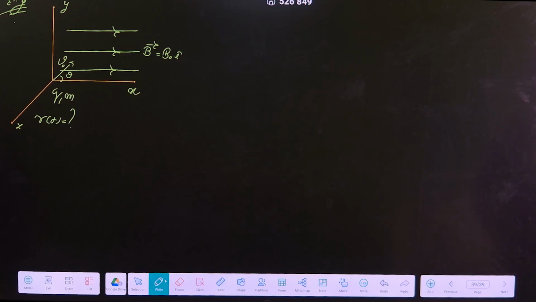Use all your concepts and tell me what is going to be the position vector of this particle at time t. I am waiting. I hope you have done it.